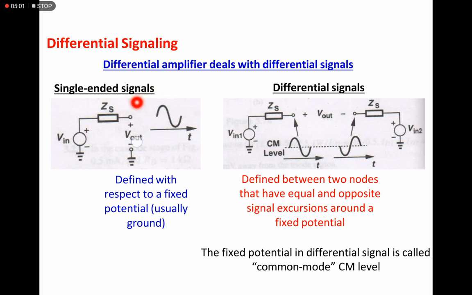Here we are discussing the difference between single-ended signaling and differential signaling. In single-ended signaling, the signal is defined with respect to the ground. In differential signaling, the measurement is taken with respect to two terminals. Differential signaling is used in the differential amplifier and op-amp.